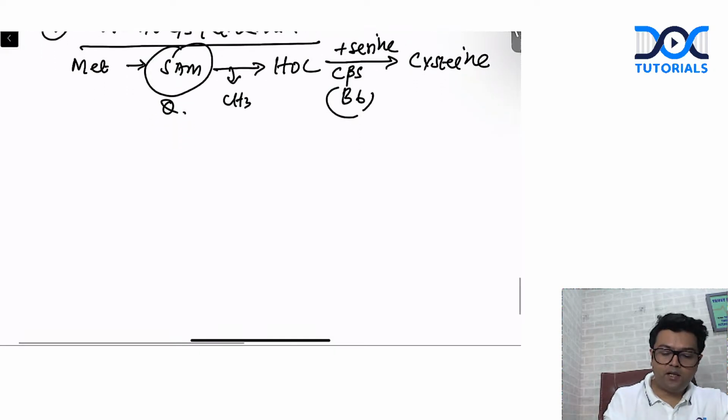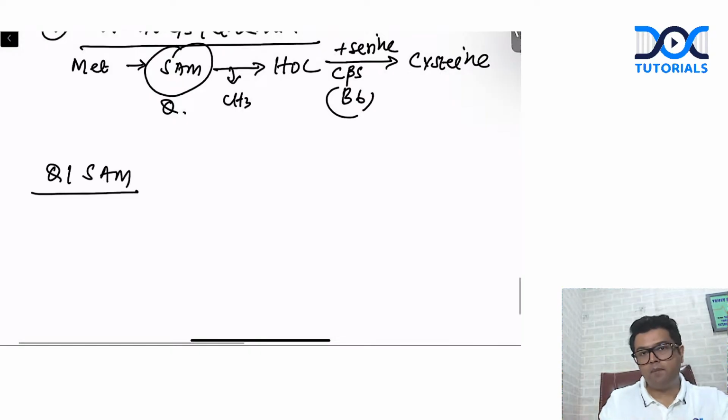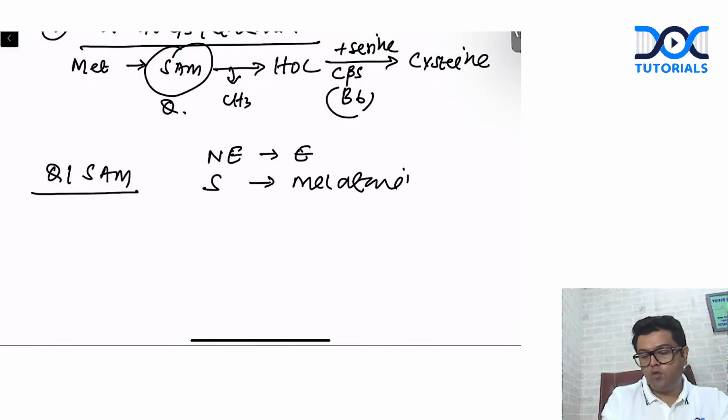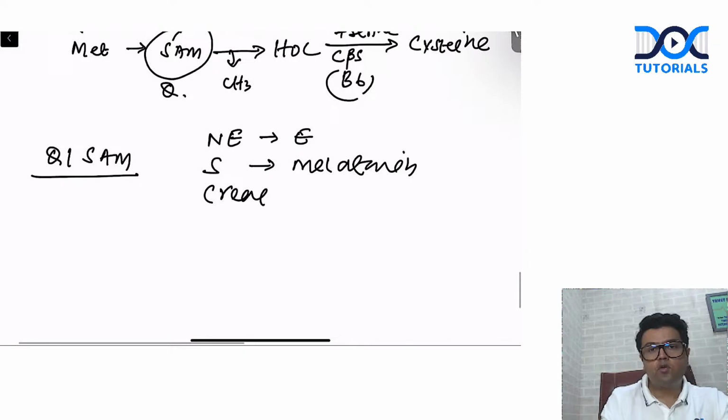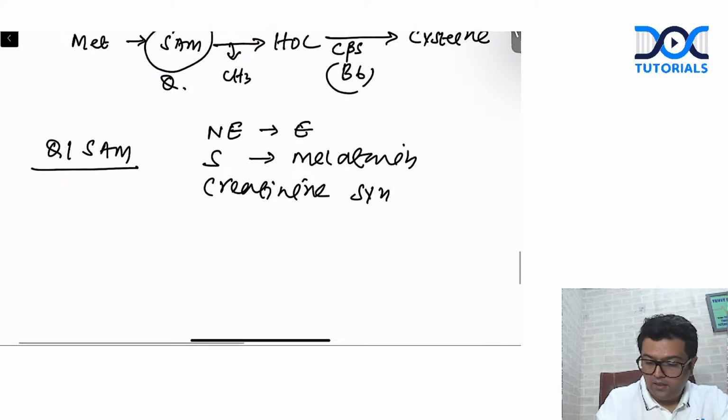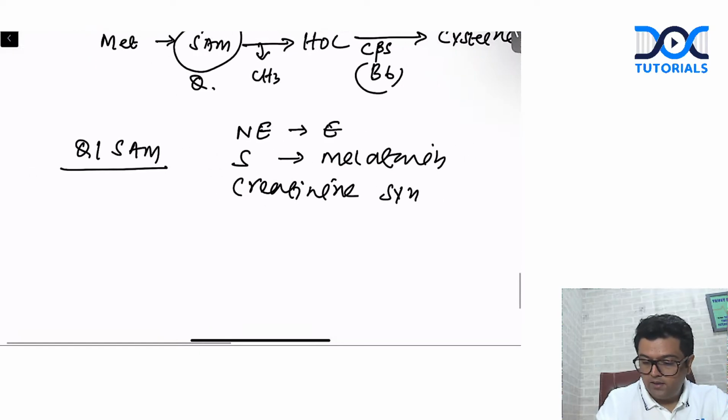So as in this case, everything that we should know, right? First question that you will be getting is about SAM. So SAM is a methyl donor in converting norepinephrine to epinephrine, serotonin to melatonin. I told you already, serotonin to melatonin. And one more thing that you should know is creatine synthesis, not creatinine. I have written wrong here, so it is creatine.